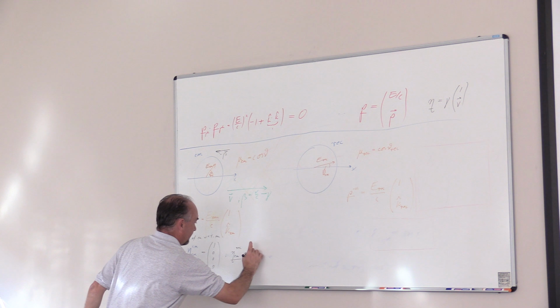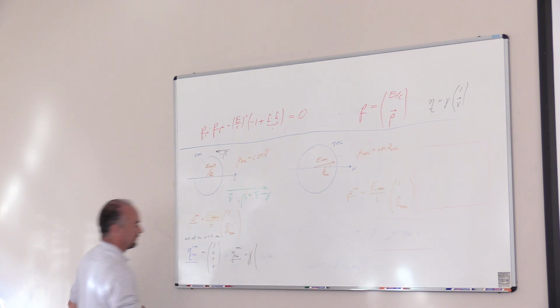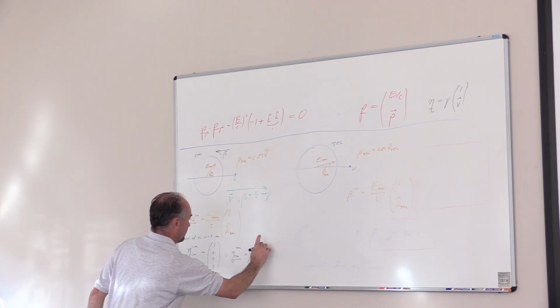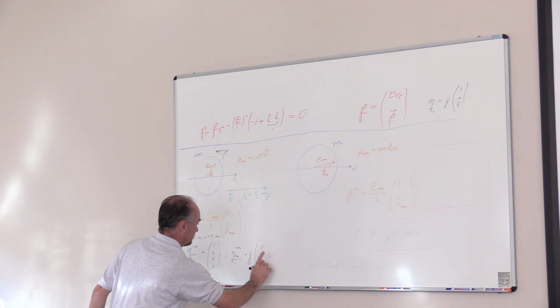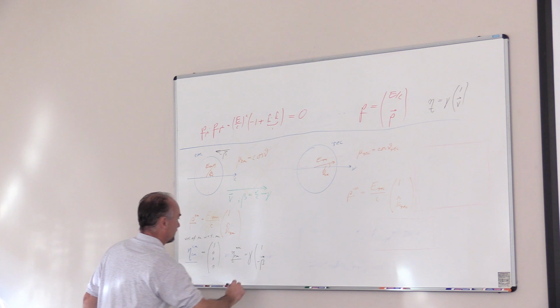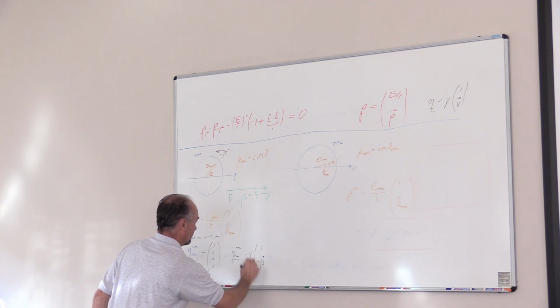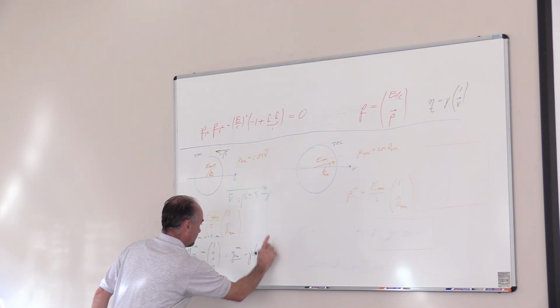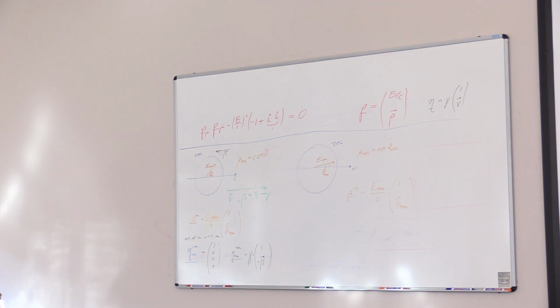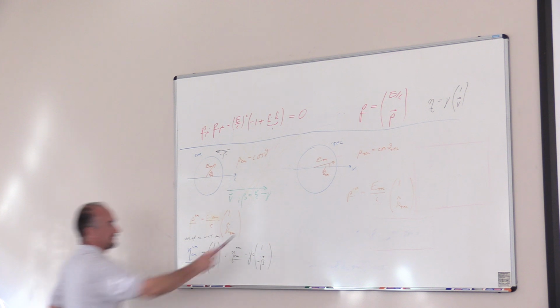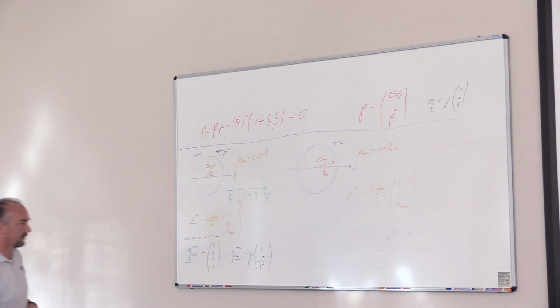So in the emitter's frame, that has a velocity gamma times 1 and minus beta. Okay? So that's the velocity of this frame with respect to this frame.